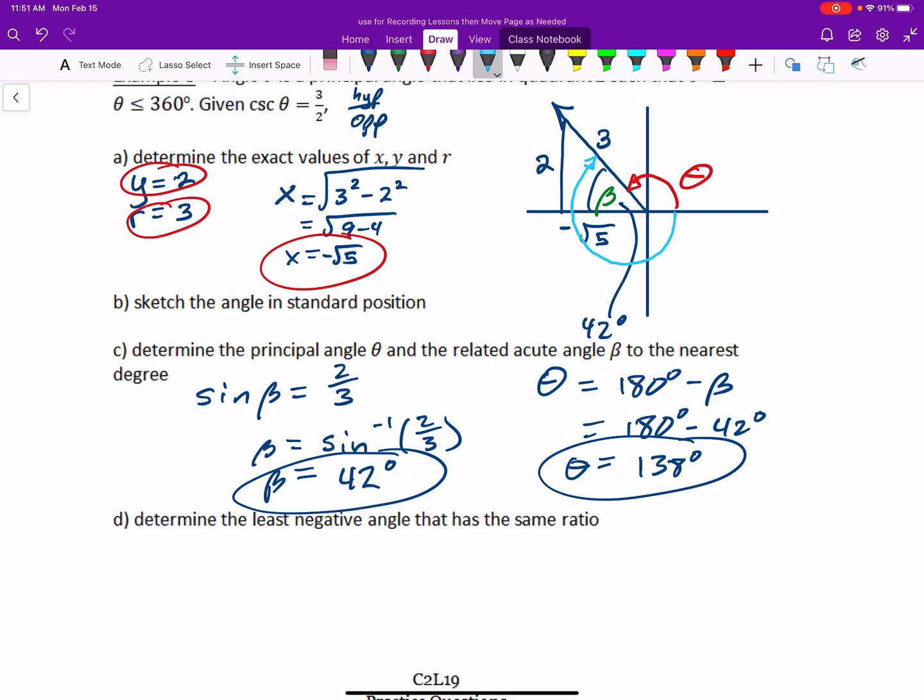What do I want to call this one? Let's call it phi. All right, so this one's going to be negative 180, because going from here to here is negative 180, plus negative beta, because I'm going beyond that by beta degrees until I get to that terminal arm.